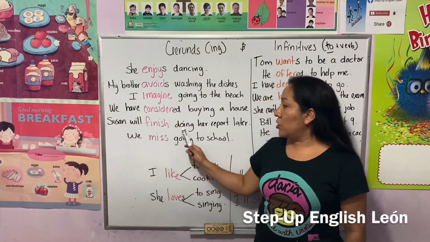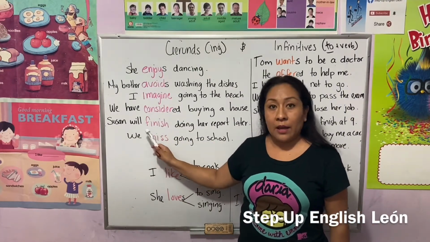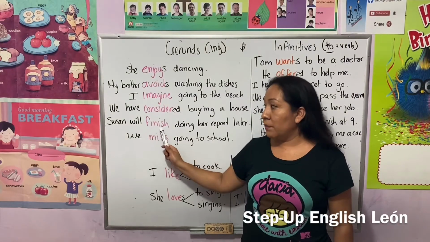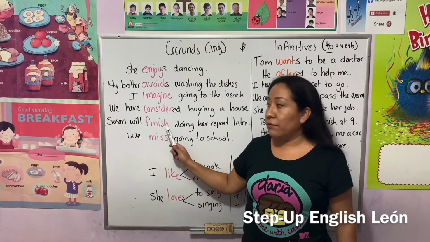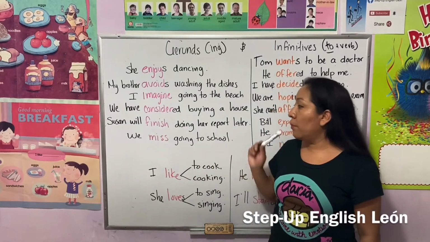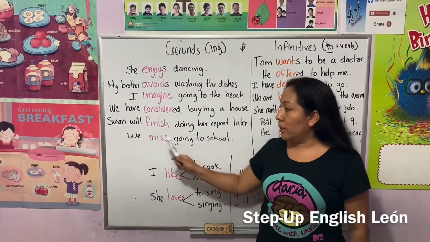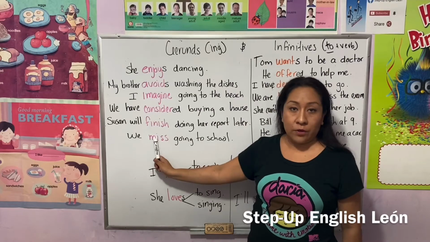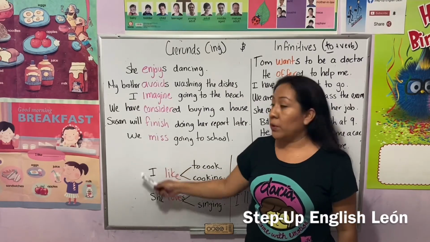"Susan will finish doing her report later." Future with will. After will, the verb goes in base form. Susan will finish. I need a second verb, doing. "Susan will finish doing her report later." "We miss going to school." Present simple. The verb goes in the base form because the subject is we.